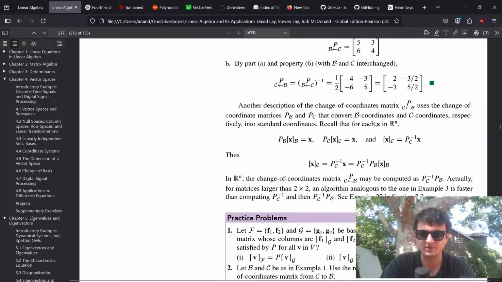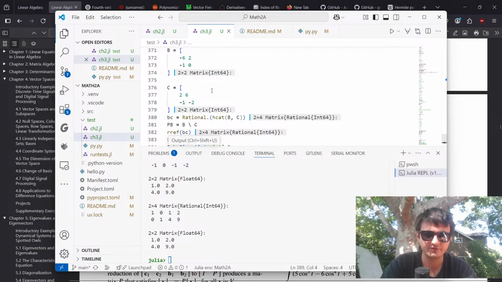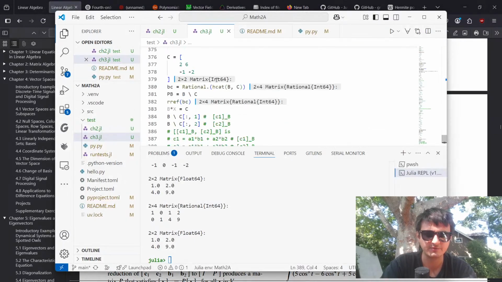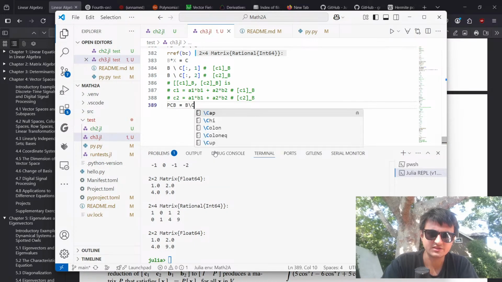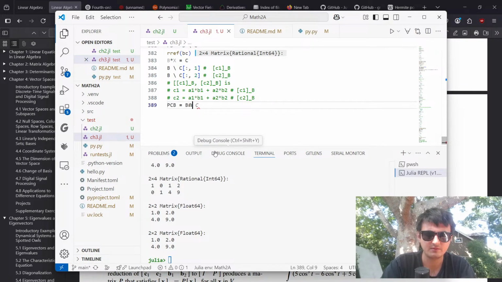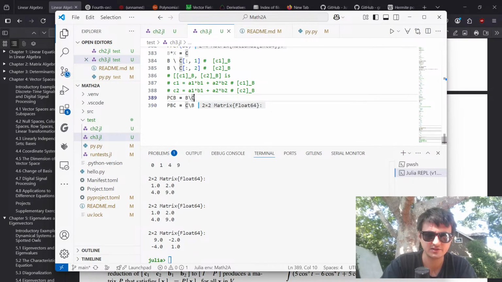Okay, so let me do the problem again. So for 9, is that what we have? We have 9, minus 6, 2. Okay, so what I'm saying is that PCB is equal to B backslash C, and PBC is equal to C backslash B. So let's just check that that's true.